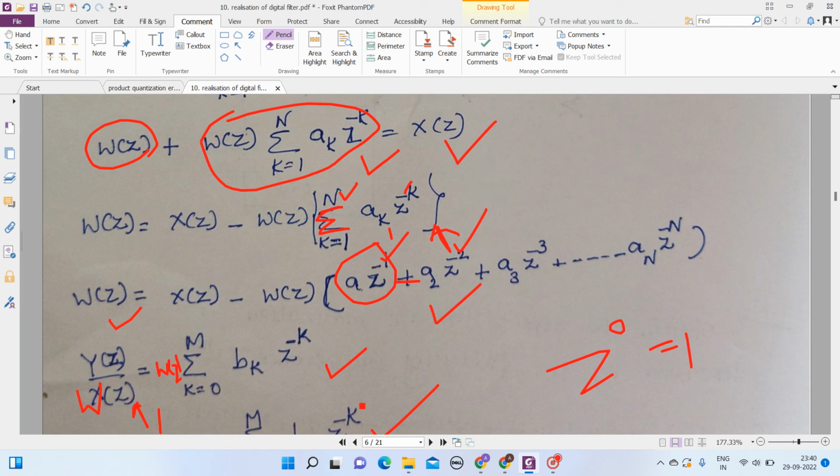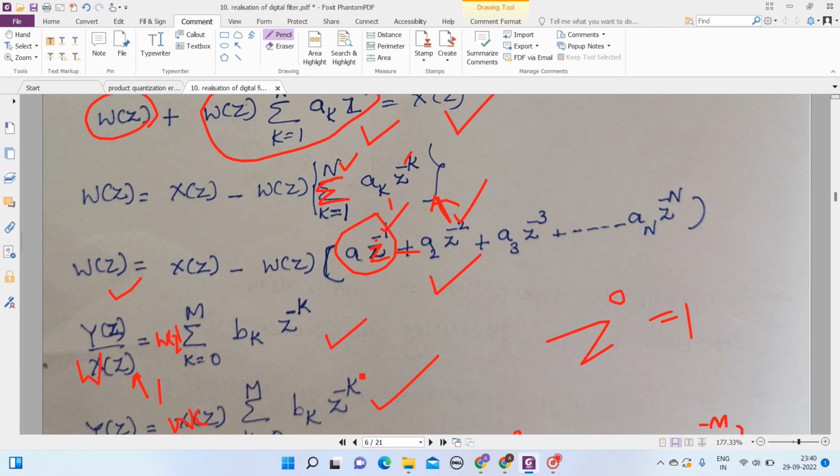Now we are converting z domain back to time domain. It becomes w of n is equal to x of n minus a1 w of n minus 1, because the delay element is z to the power of minus 1. So it becomes w of n minus 1 plus a2 w of n minus 2 plus a3 w of n minus 3 and so on.